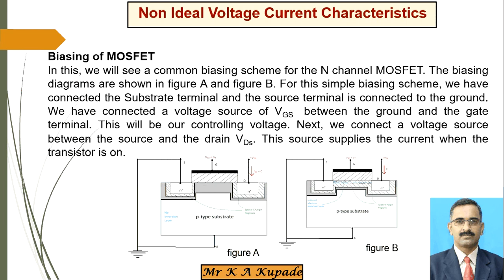Due to that, the majority carriers travel from the source to the drain, and due to this the conventional current starts flowing from the drain region through the channel towards the source, which we discussed in the previous picture.